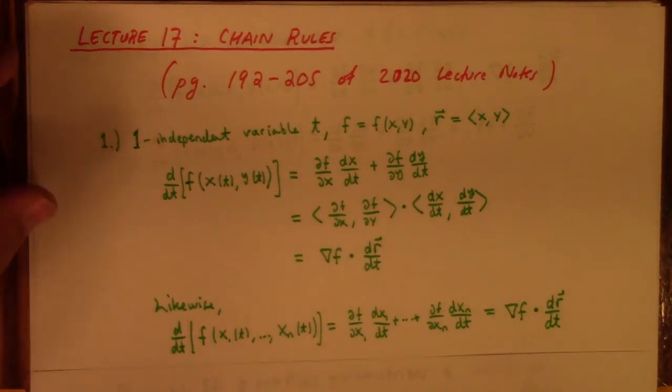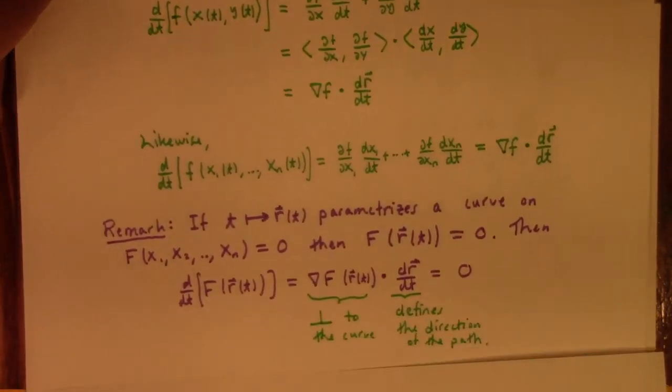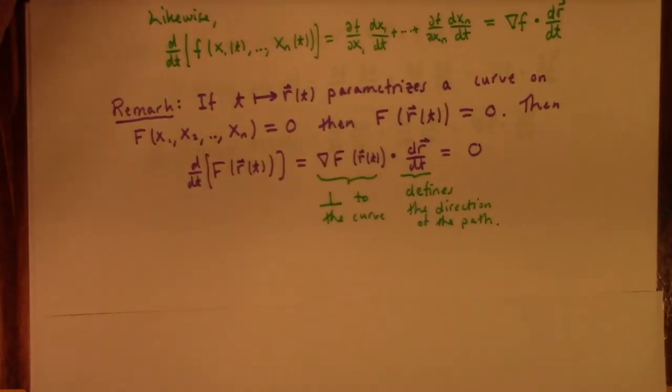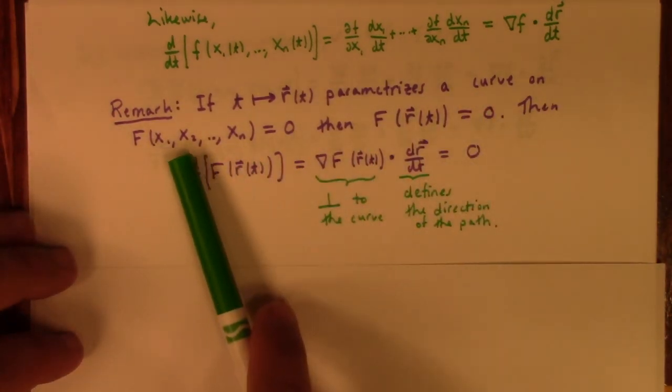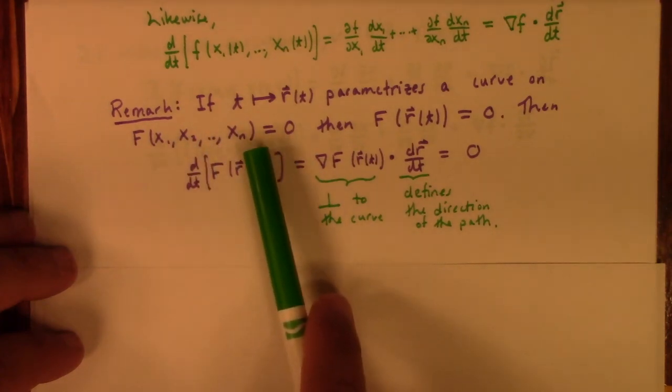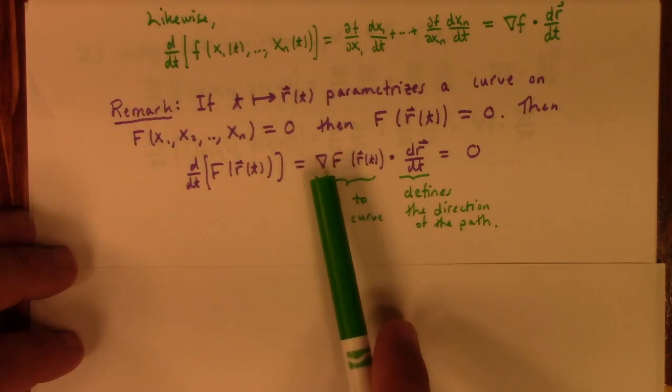All right. And so to start with, I would just point out that that's pretty neat because, if we had a parameterization of a curve, and so if we just had x and y here, it would actually be a level curve. But if there's x, y, z, this could be a level surface.